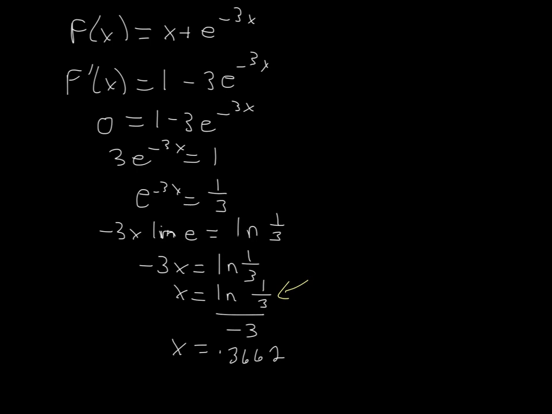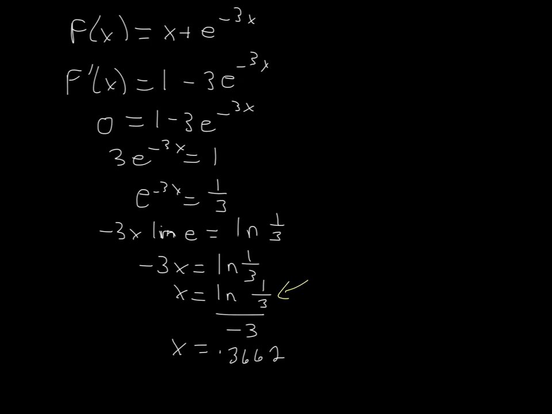But in the meantime, what I did is I worked it all the way down to the x value, and with the derivative, with what I've got working with the question that you gave me, I end up with x equals ln 1/3 over -3. Now, if you evaluate that on a calculator, you get x equals 0.3662.